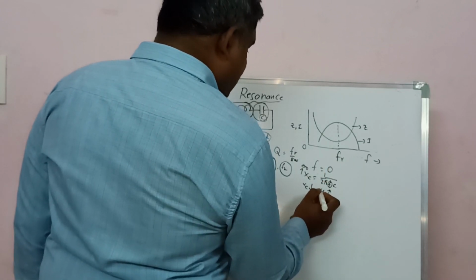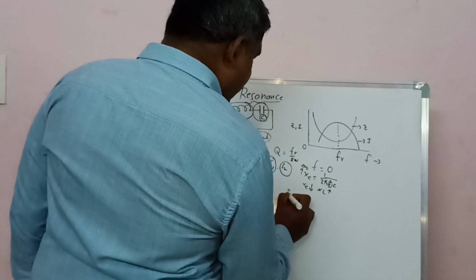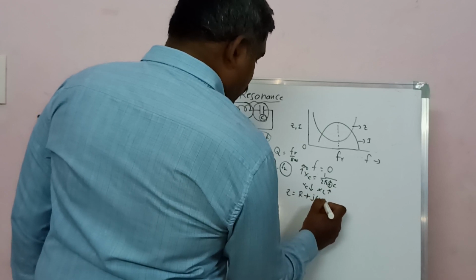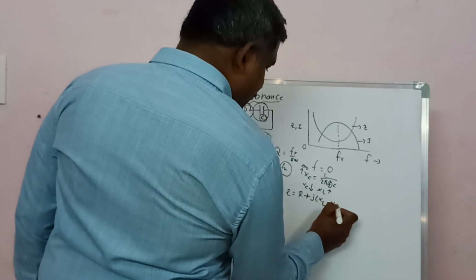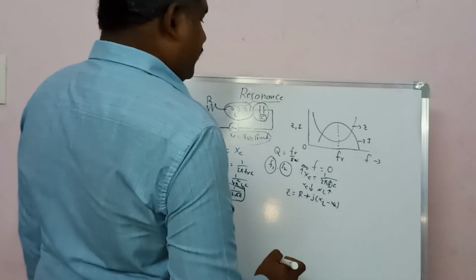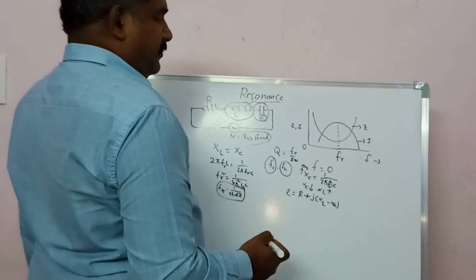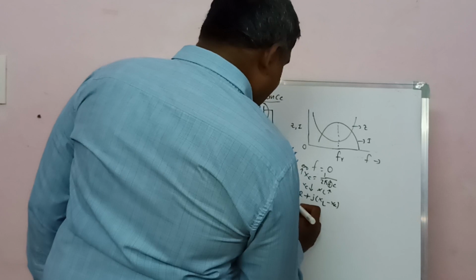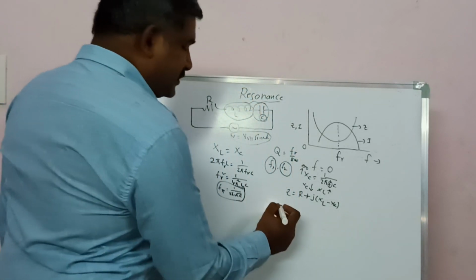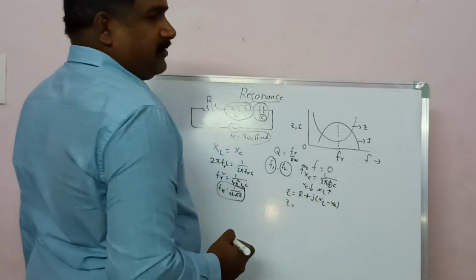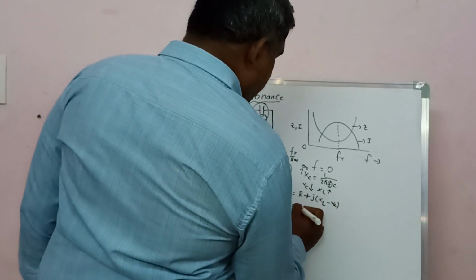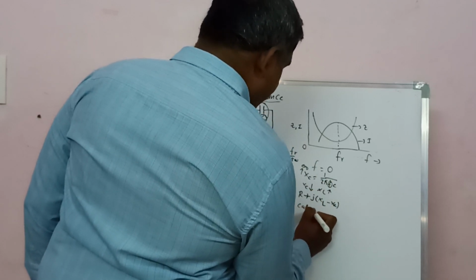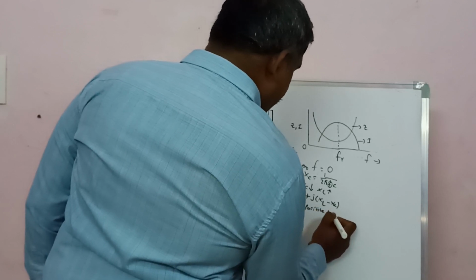Once the value of XC starts reducing, we had an equation Z is equal to R plus j into XL minus XC. So prior to my resonant frequency, the impedance is purely capacitive in nature.